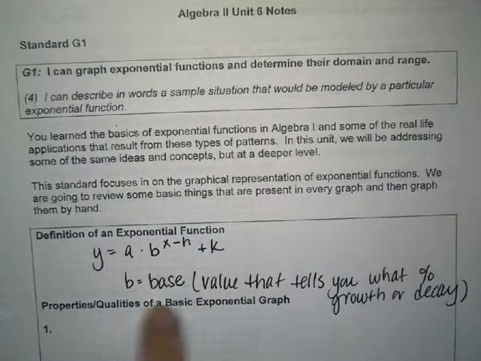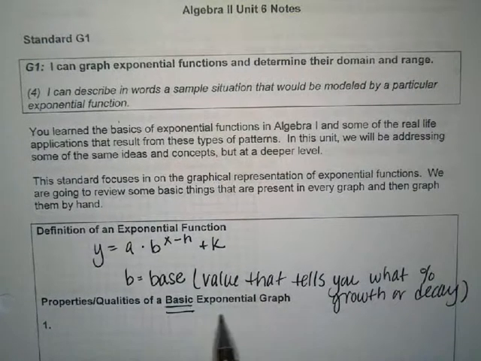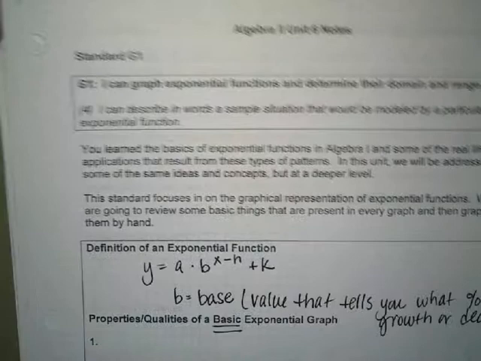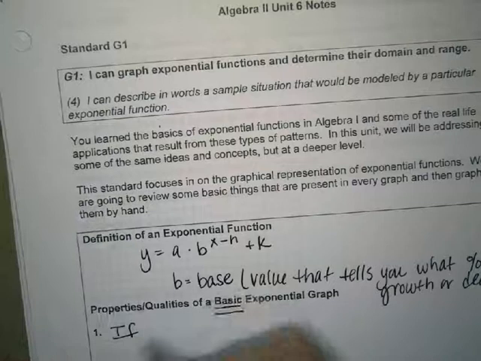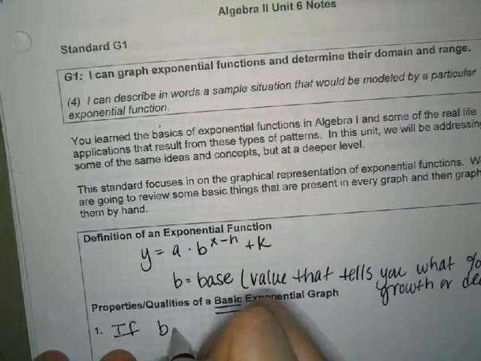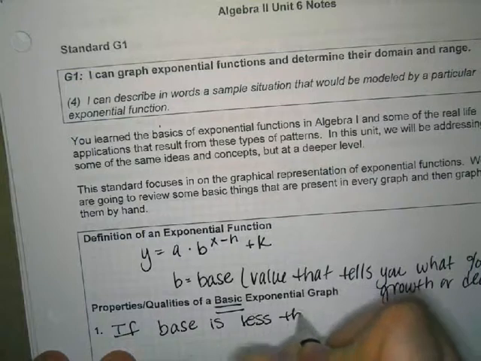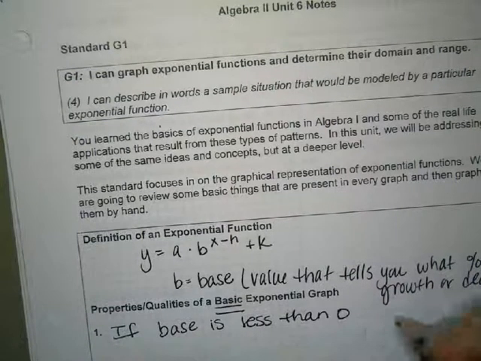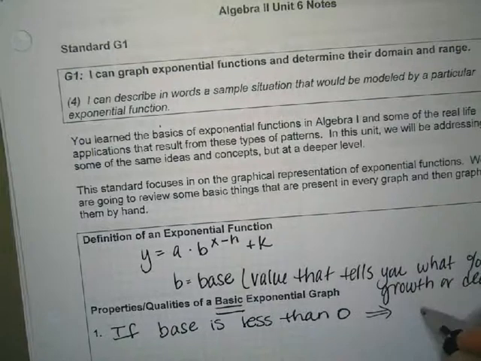The properties and qualities of a basic exponential graph, and that would be one that doesn't shift, is that, or one quality or property, is if the base is less than 0. Oh, I'm sorry, not less than 0.